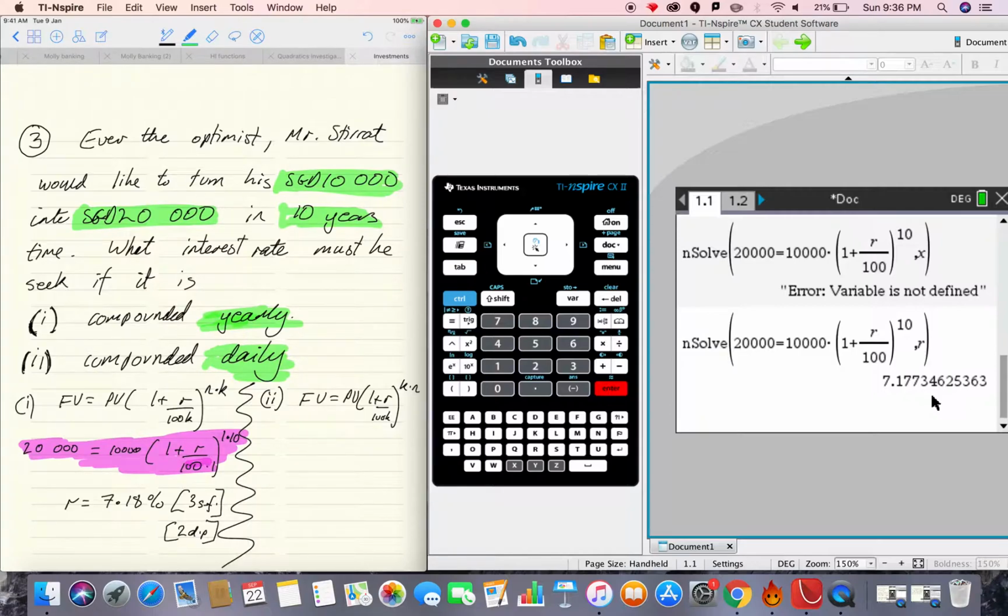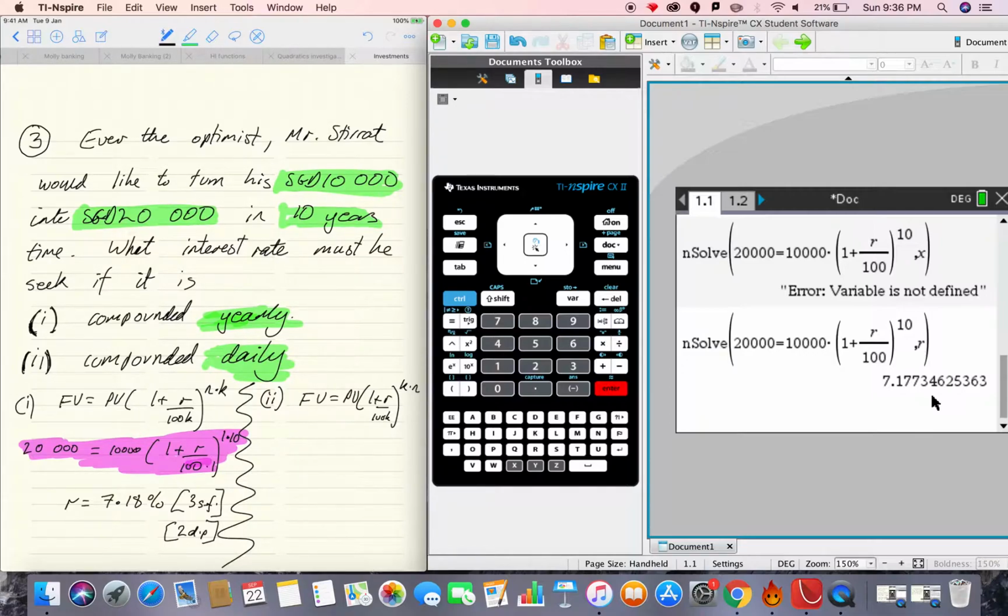So daily, think 365 days in the year. So when you say it's compounded yearly, compounded monthly, compounded weekly, compounded daily, you've always got to compare it with how many payments in 1 year. So compounded daily is the 365 days in a year, so you're going with that.